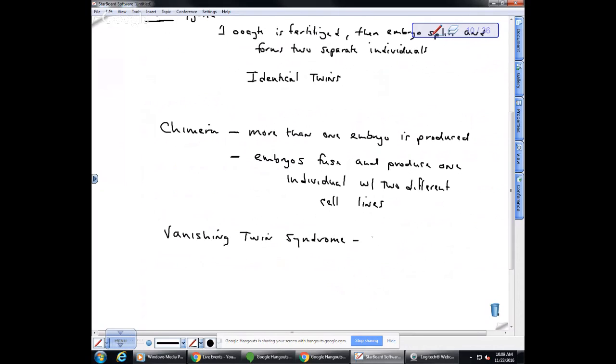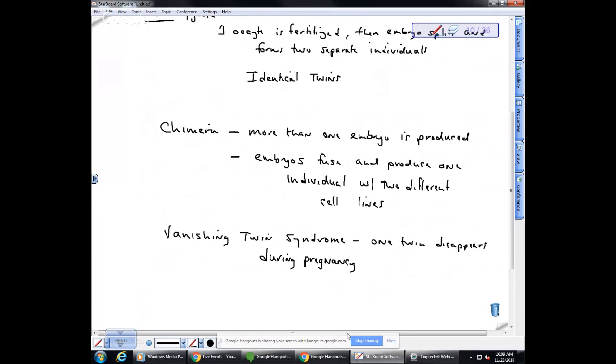Right, and so this is where one twin disappears during pregnancy. And it could be a chimera, but not necessarily.